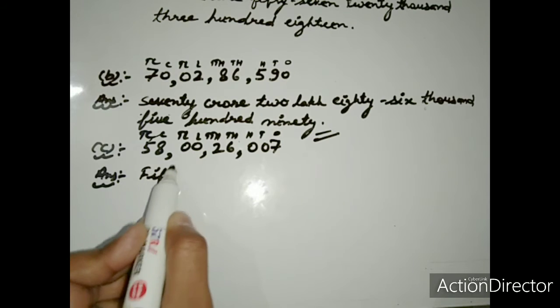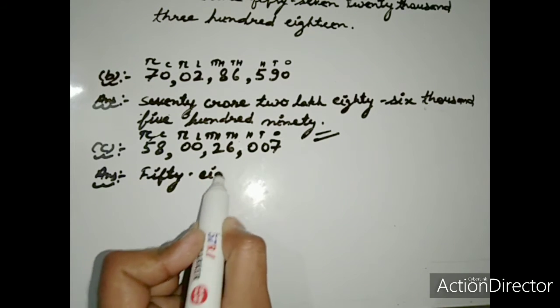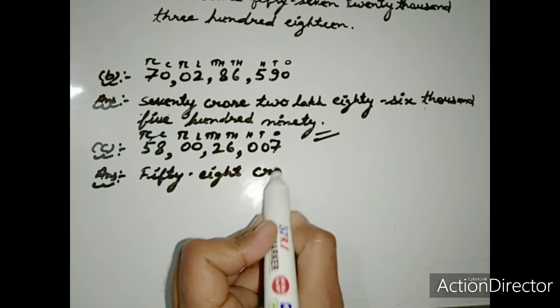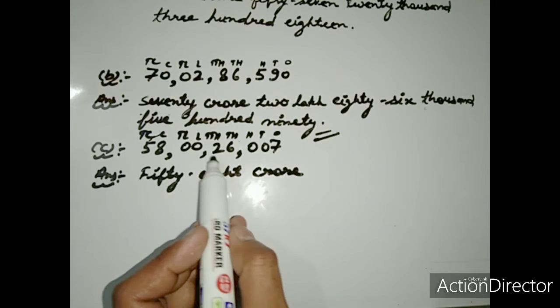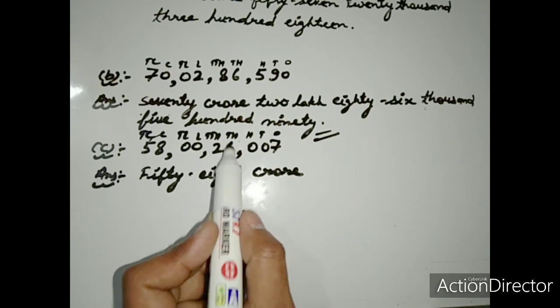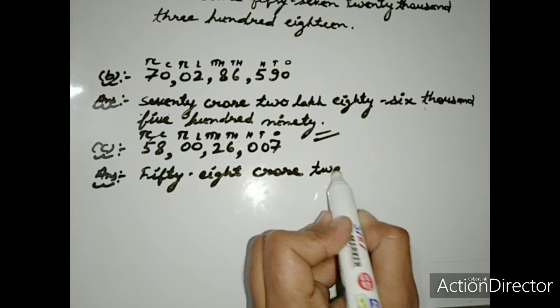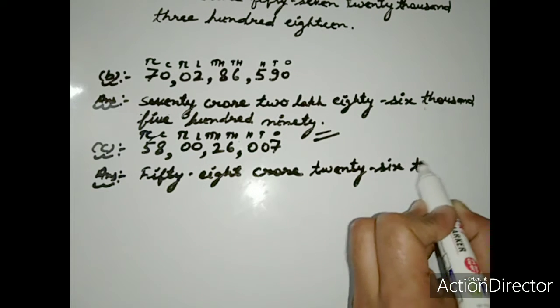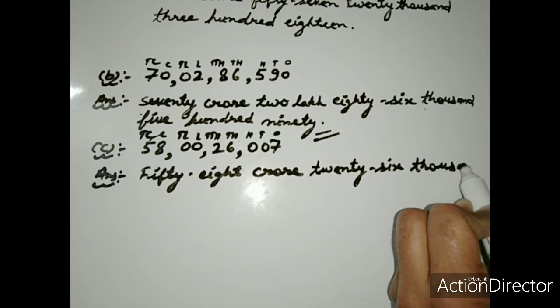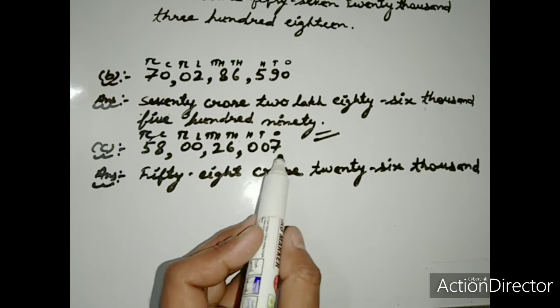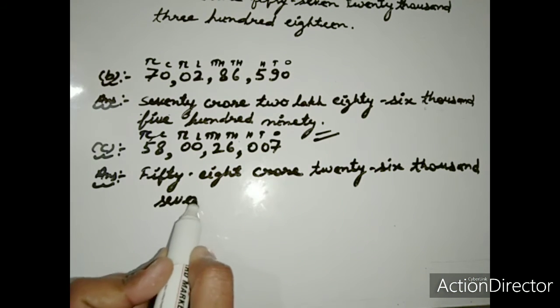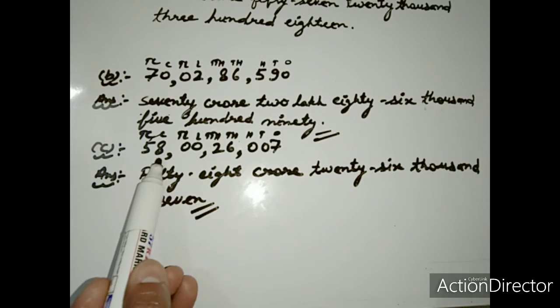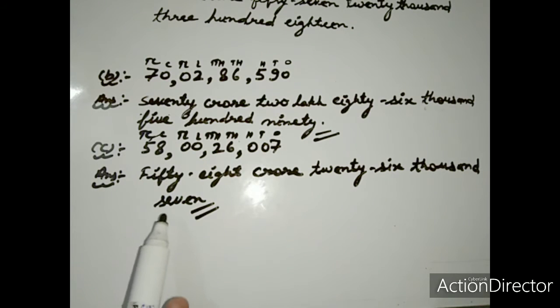Then 26,000 and 7. So the word form of this number is 58 crore 26,007.